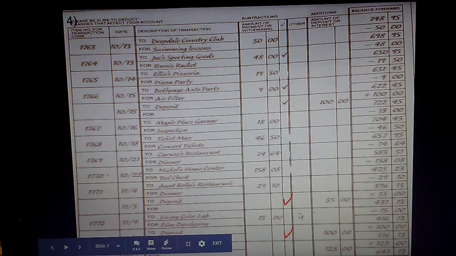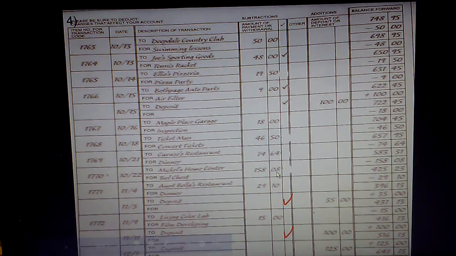Then the next thing on my statement is a withdrawal, check 1770 for $158.08. So it gets a check mark. Next thing on the statement is withdrawal, check 1768 for $46.50. 1768, $46.50, check mark. Next one, withdrawal, check 1769 for $74.64. So 1769, $74.64, check mark.